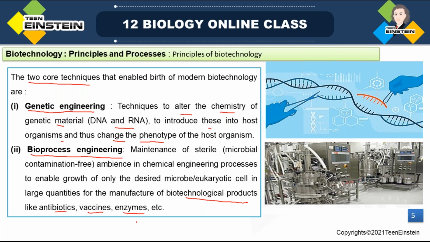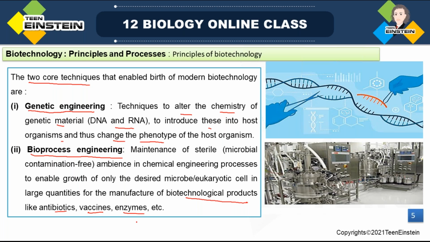For large-scale product we need more organisms producing that particular enzyme, so we grow them on a large scale, but we should make sure that it is not contaminated with any other organism.